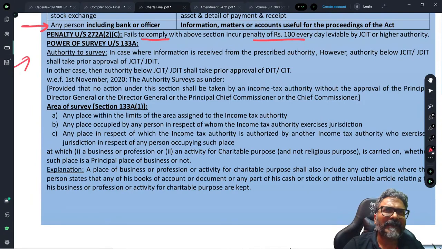See, one thing which is there, these are the only two sections where you can take the SSE by surprise. And these are the two sections, therefore, where the AO can gather the maximum evidence. That is the section where the survey can be undertaken and the section where the search can be undertaken.